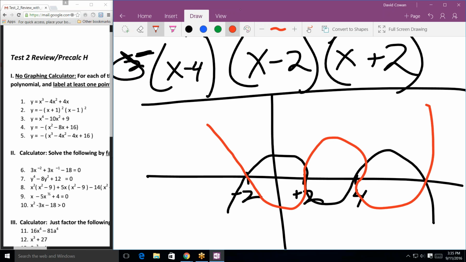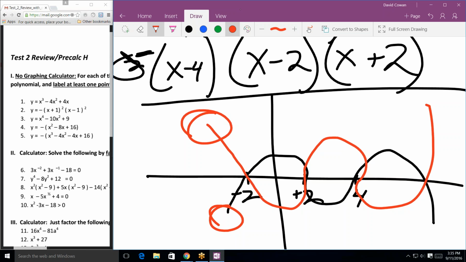So the only thing, in other words, notice that each of these x-intercepts goes through the x-axis. It does not kiss it and bounce off. So the only difference between the black line and the red line is the end behavior. In other words, if we can figure out whether it's that or that when x goes to negative infinity, we'll have our answer.